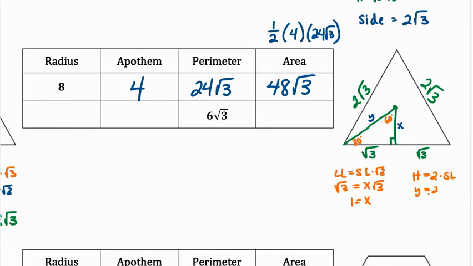So y would be 2 times 1, which is 2. So then our radius is 2, and the apothem is 1. And then to find our area, 1/2 times the apothem times the perimeter, and we get 3 radical 3.